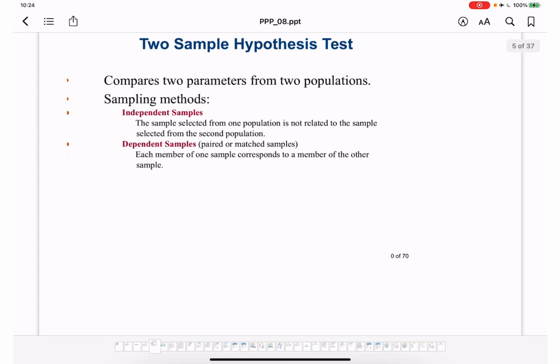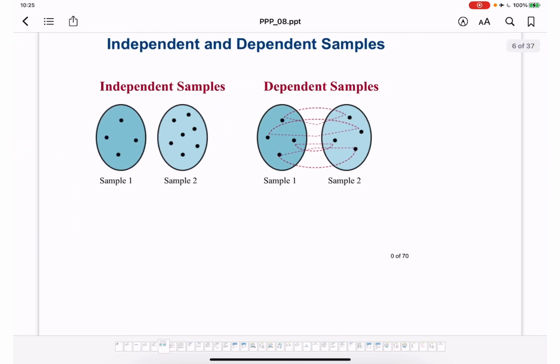Which one is which, we already know, right? Independent, these two samples don't depend on each other. But dependent ones are kind of paired or matched, okay? Those are dependent samples.